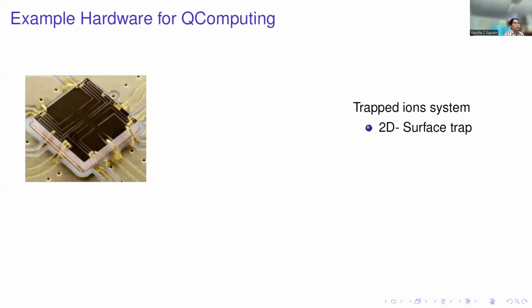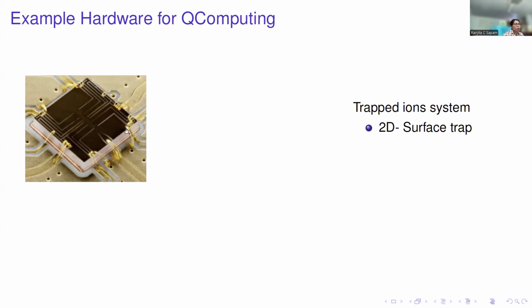And I just wanted to give you some examples of quantum computing hardware. As I discussed earlier, the picture I'm showing here is a chip, a two-dimensional surface trap where we can trap ions on this surface. I don't know if my cursor is visible to you all, but the golden colors you can see are the wires which carry the electrical voltage between the electrodes and the surface.